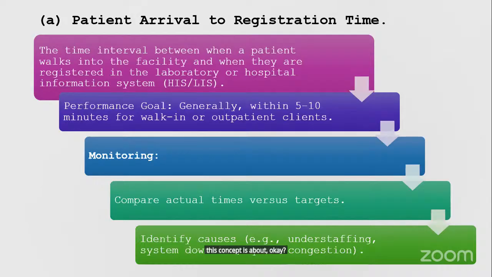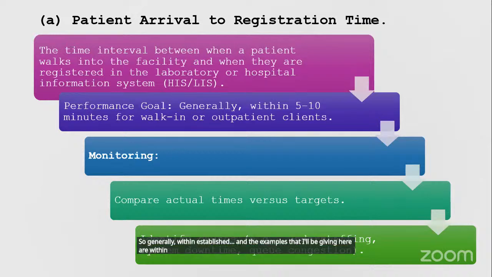So what is the goal? The goal is always to register these clients as soon as possible. But how soon? You must have a performance goal. So generally, and the examples that I'll be giving here are within established healthcare systems, okay?